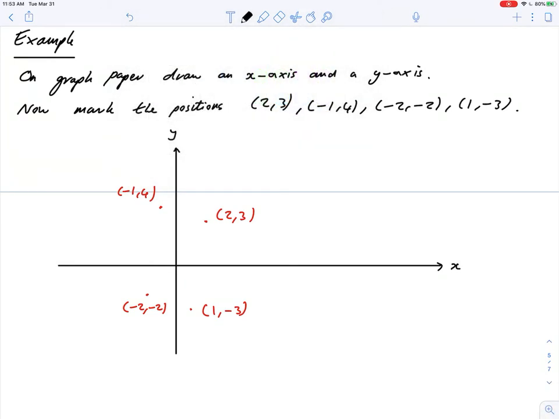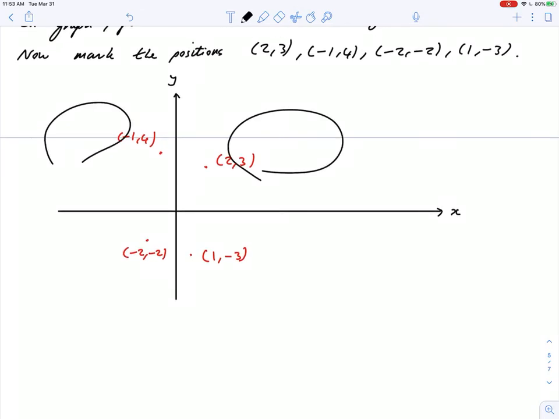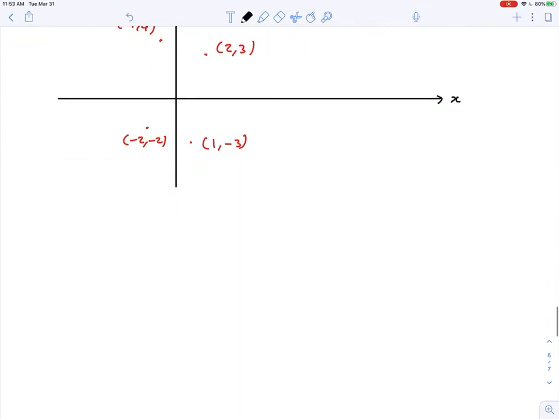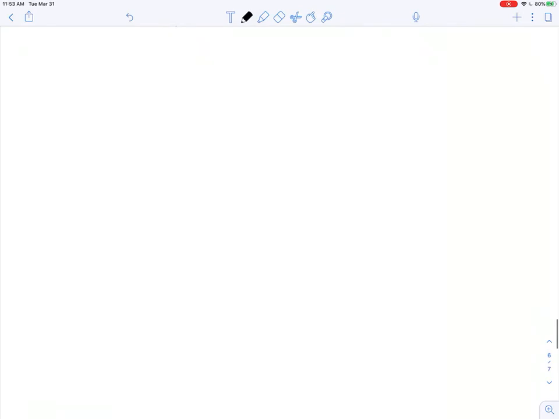So let's take a moment to look at this picture. Once I've fixed an x and a y axis, I can see it's dividing my plane into 4 pieces, right? So let's label those pieces.